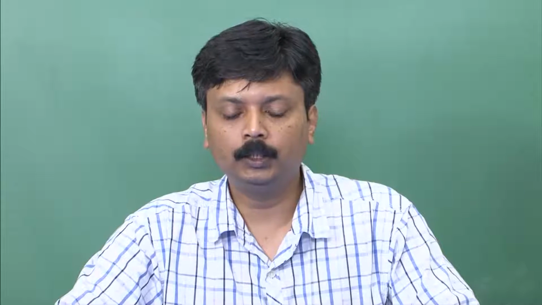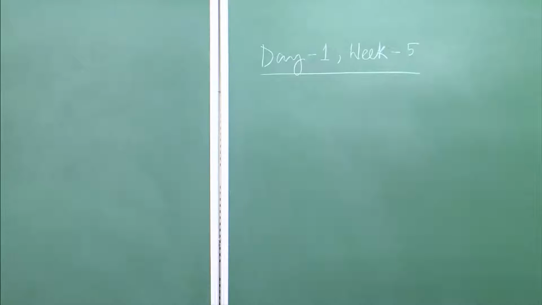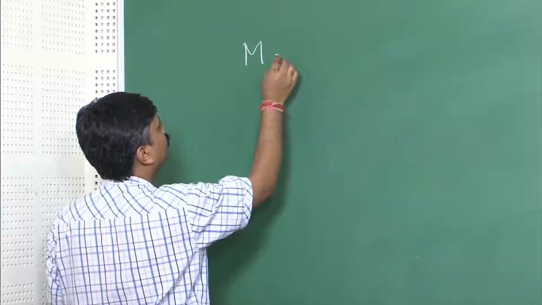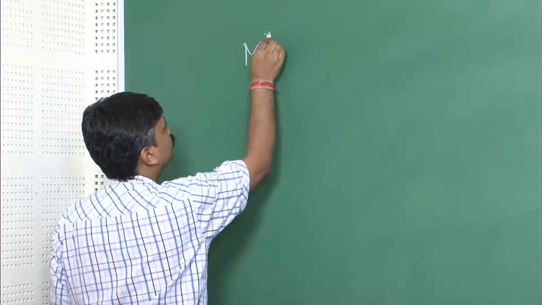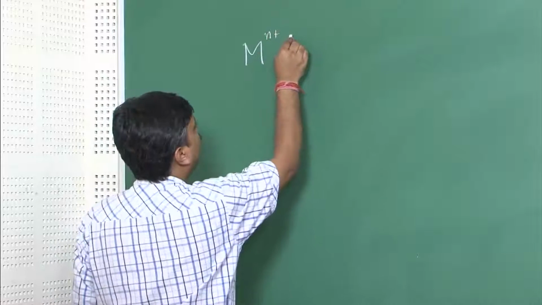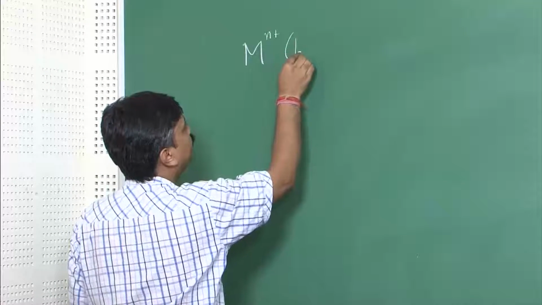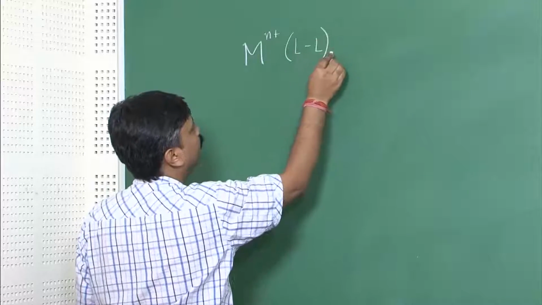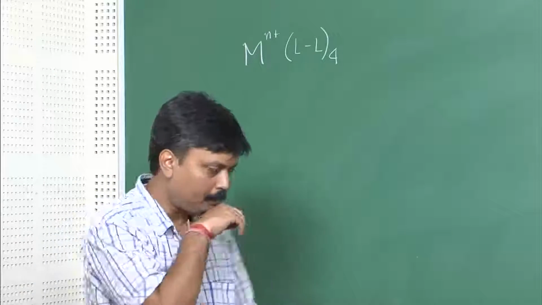So we will start with a molecule where M stands for metal, having its charge, and you have 4 bidentate ligands, for example ethylenediamine.